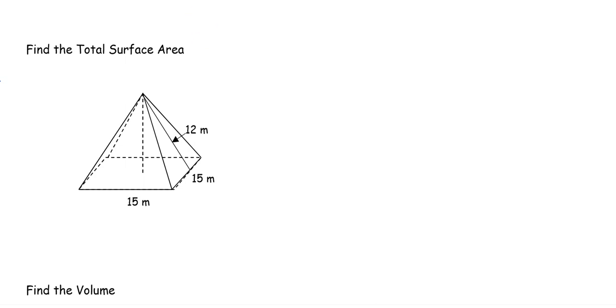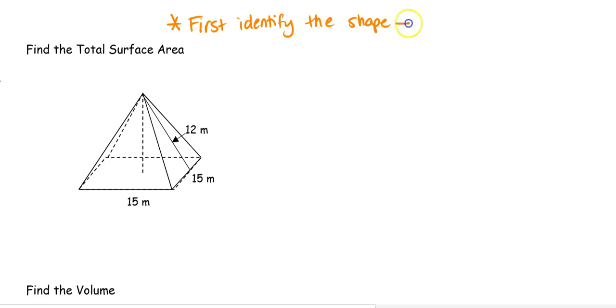What we're going to do first is identify the shape, and then from there, find the correct formula. After you have the formula, find or calculate the correct pieces. You have to know what the letters represent and where those pieces are going to be in the diagram.